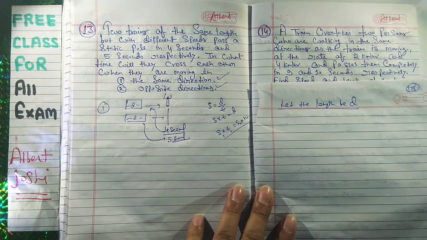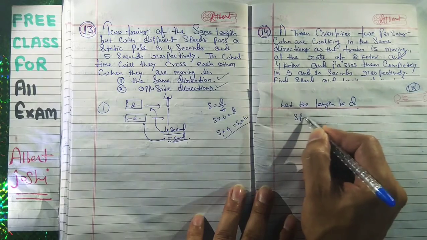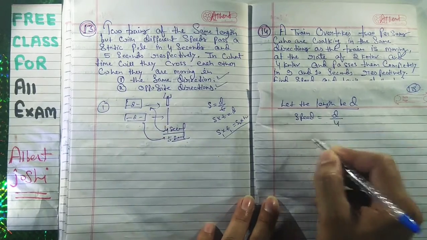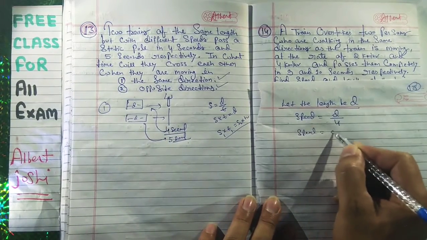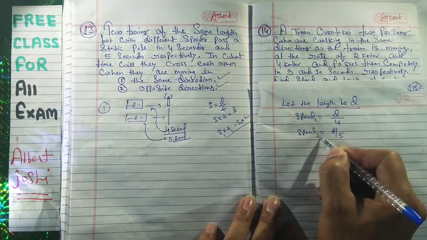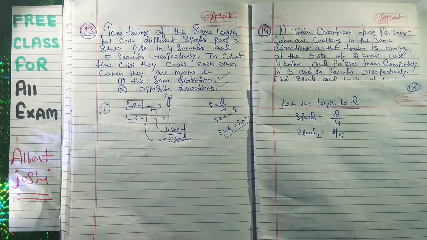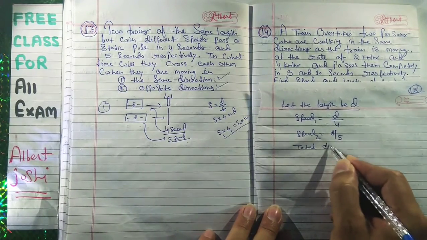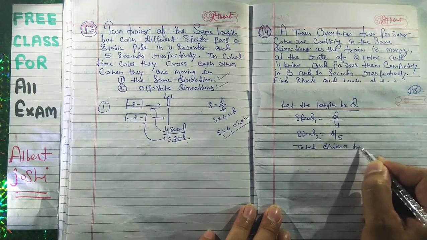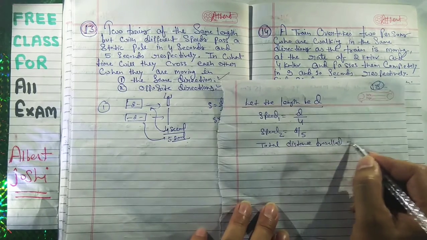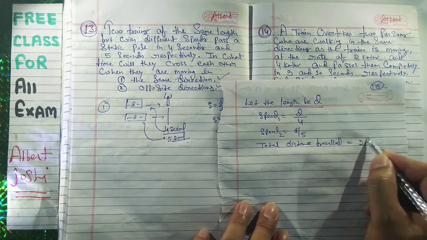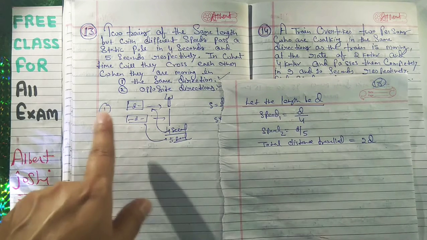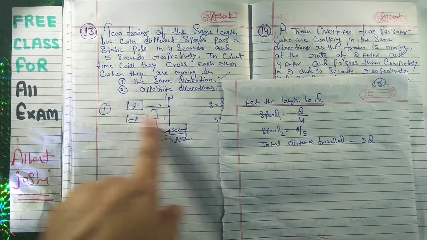So speed is equal to distance upon time. Speed 1 is D upon 4, and speed 2 is D upon 5. Now the total distance traveled is 2D, because this train is also moving and this train is also moving.